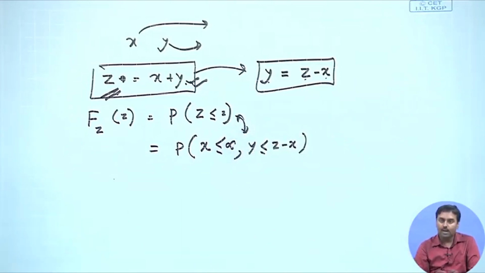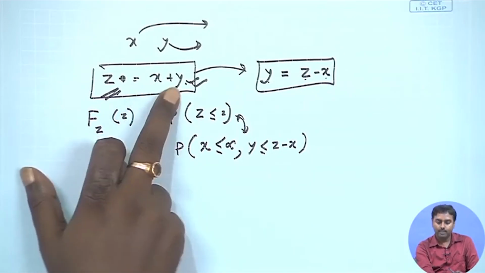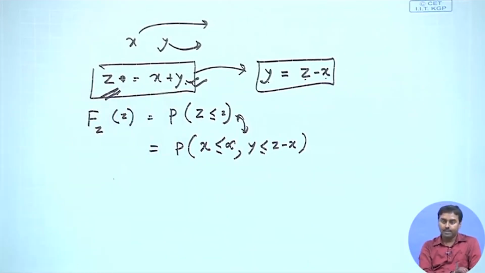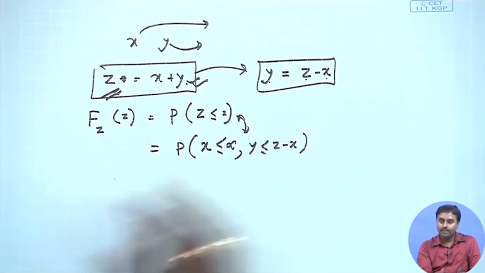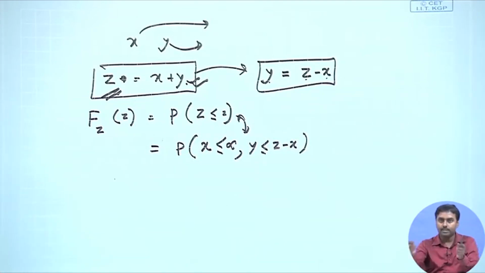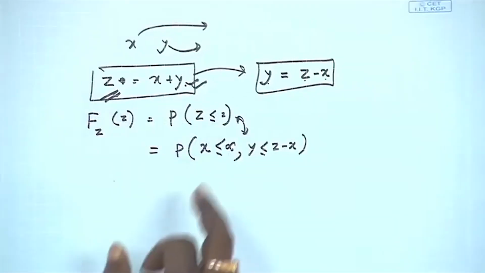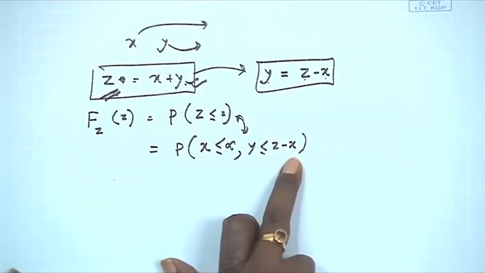These two are equivalent definitions, so see this very carefully. What I am saying is that I need the probability that my z random variable must be less than or equal to small z, but I also know that small x plus small y is equal to small z. Because I know the individual distributions, let us say this particular event is that I take any event from x, x can take any value, but I need to ensure that x plus y must still be less than z, that means y must satisfy this condition.